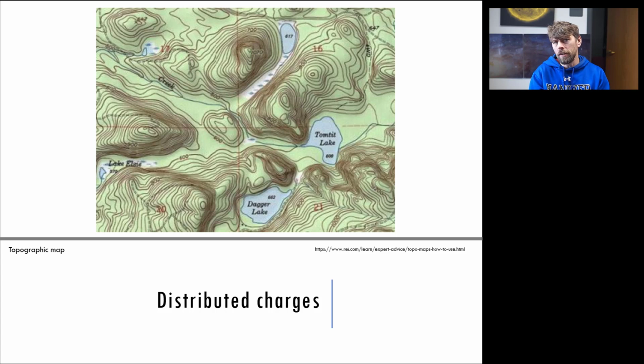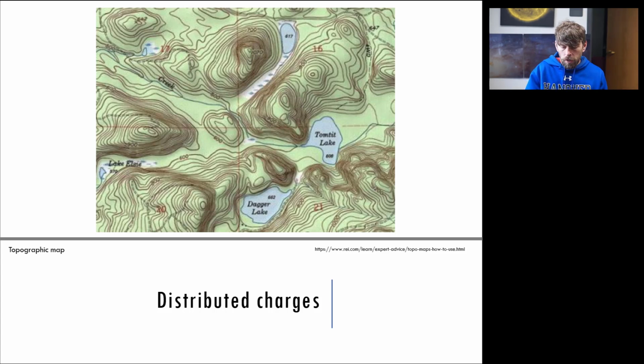Namely, I'm thinking about techniques of integration that allow us to start extending our abilities from point charges into what I would refer to as distributed charges. And I should say, instead of charges, you could also do this for masses. Indeed, maybe we'll run an example problem where that's the case.